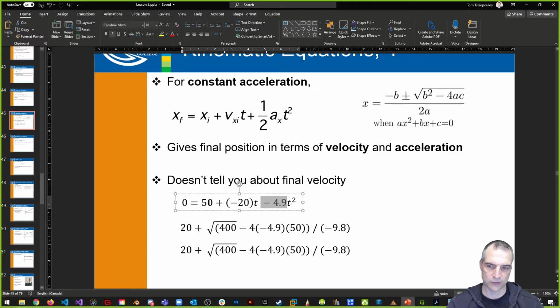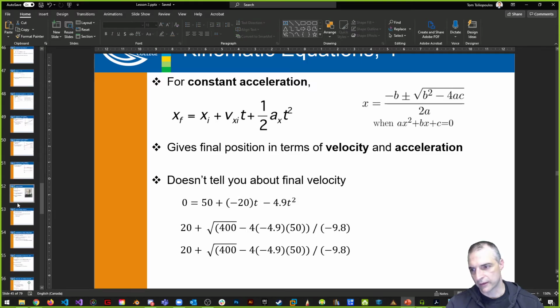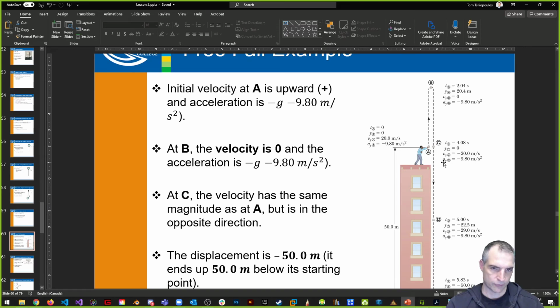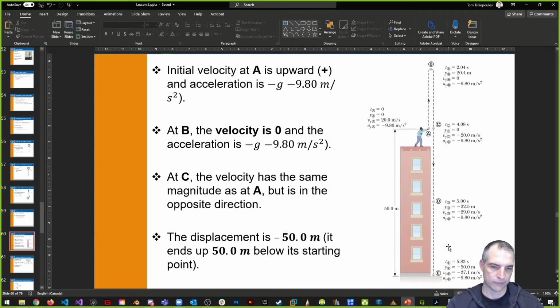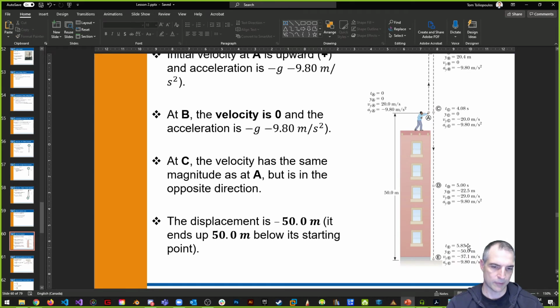B is equal to minus 20, and 50 is the height. So that's how you would figure out the distance between here and here being 50, although we calculated it wrong. The time should be 5.83, not that other value that I have. But that's how you would figure it out.